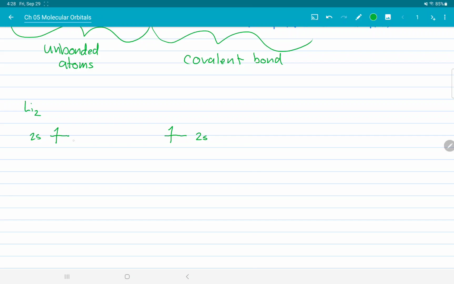Okay, so we're going to have a bonding molecular orbital. And rather than writing out molecular orbital each time, we tend to abbreviate it as MO. And we're going to have an anti-bonding molecular orbital.